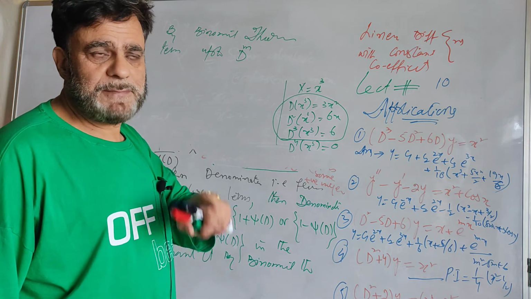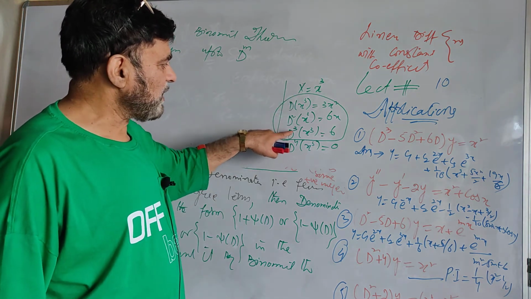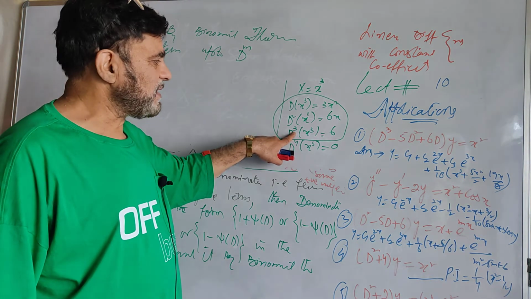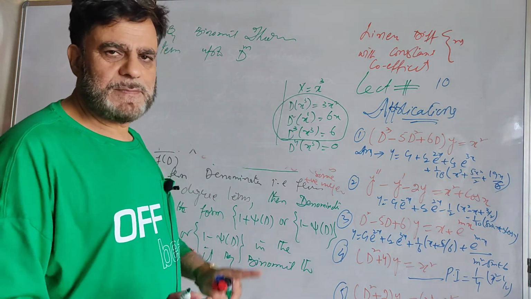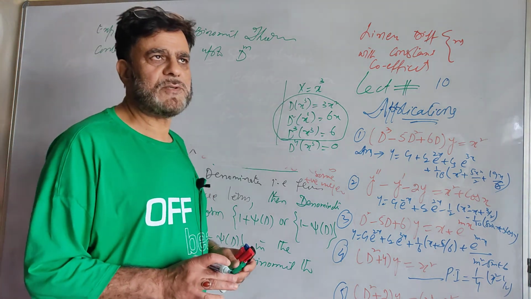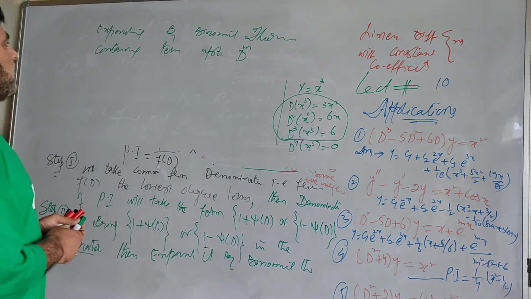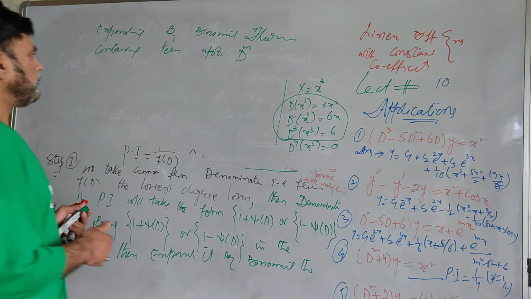When we expand it by the binomial theorem, I will stop it up to D raised to power m. Here I will stop it up to D raised to power 3, because the derivative of D raised to power 3 is 6, a constant. Then after the constant it becomes 0. You will come to know when we take the questions, the application part. You will see how we do it. So we expand it up to terms containing D raised to power m.